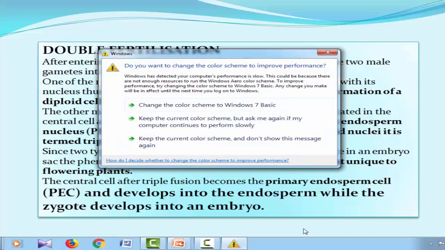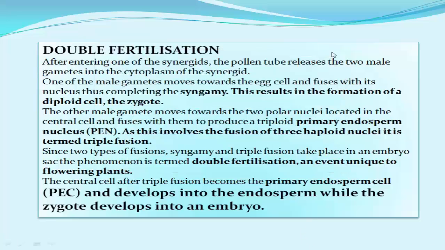Here one more thing I would like to share. Once the primary endosperm nucleus is formed, now the central cell is referred as primary endosperm cell. Till the polar nuclei are present, it is the central cell.